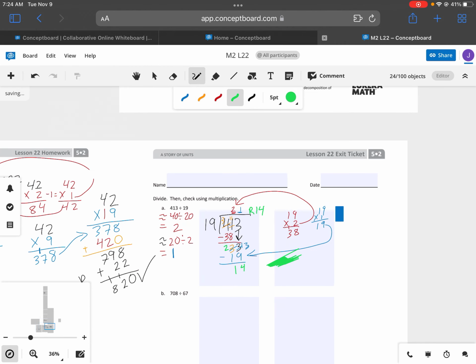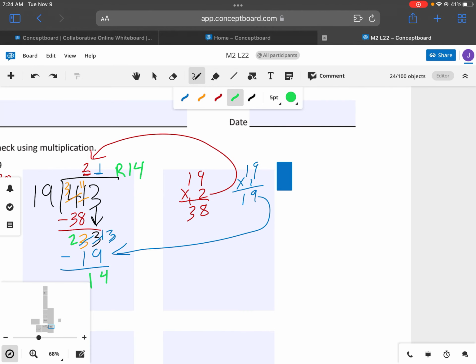All right, so we have to do our check. We're going to do 19 times 21. So this is our quotient. First we have 19 times 1, and then we have 20 times 19.